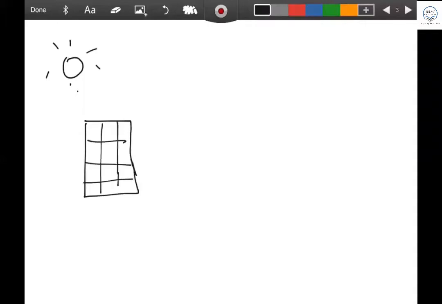This is the sun, this is the solar panel, for example, and the sunlight is falling on the solar panel, as you all understand. The solar panel is producing the voltage at the two terminals of it.